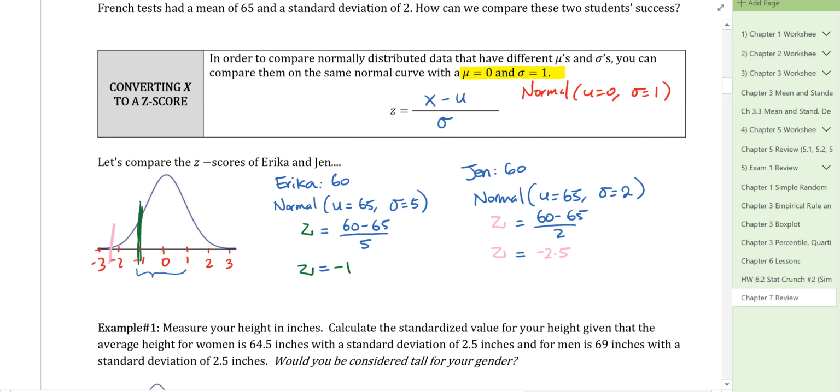Jen scored outside of the middle 95% of the class. Recall that 95% is within 2 standard deviations of the mean. So Erica scored within the middle 68% of the class, while Jen scored outside the 95%, so Jen's score is much lower. The z-score allows us to compare 2 different normal distributions easily by converting them to z-scores.